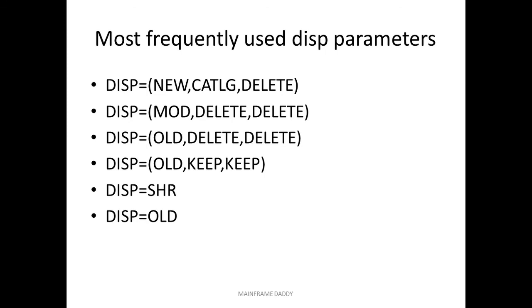So the most frequently used DISP parameters are NEW,CATALOG,DELETE: the file is to be created newly, catalog it during normal termination and delete it during abnormal termination of the job. MOD,DELETE: usually for clearing out datasets we code this at the proc level, followed by NEW,CATALOG,DELETE again to create the same datasets. DISP equal to OLD,DELETE: for taking exclusive access and to delete the dataset. OLD,KEEP: to read or update a file, we take this.